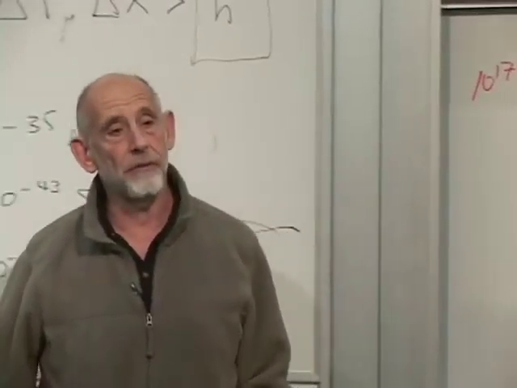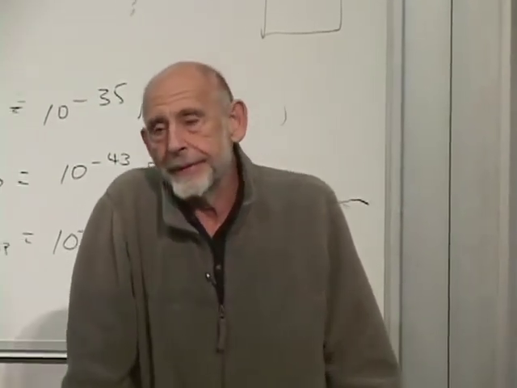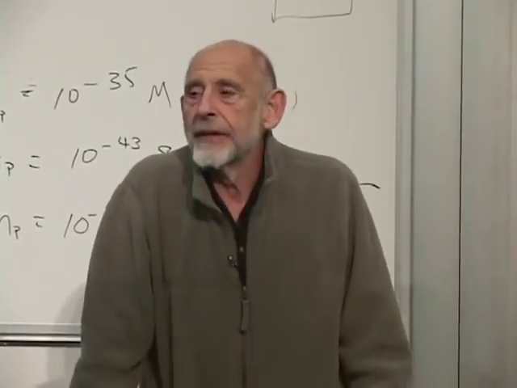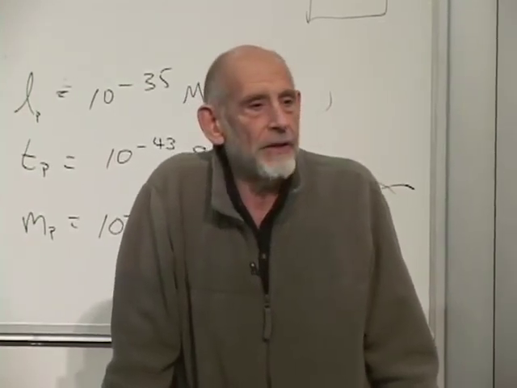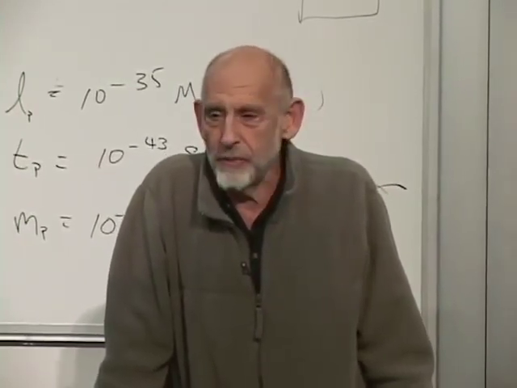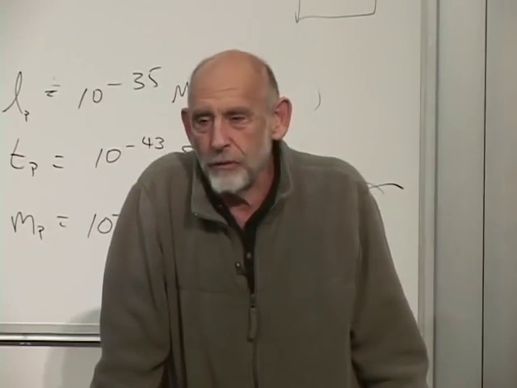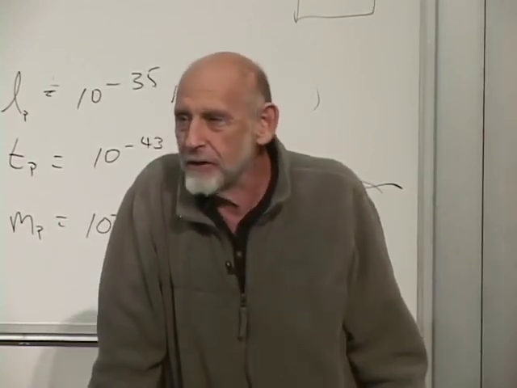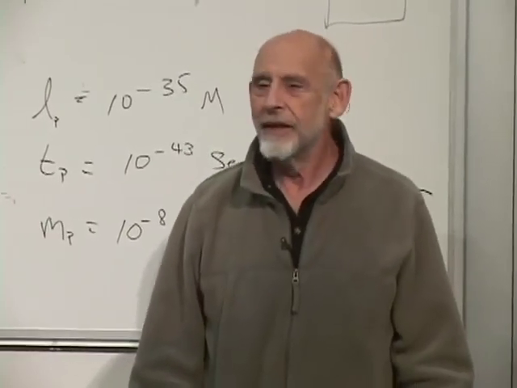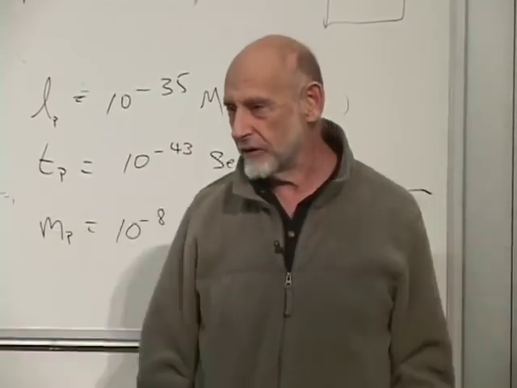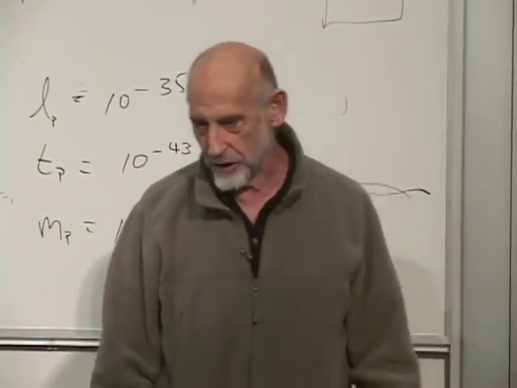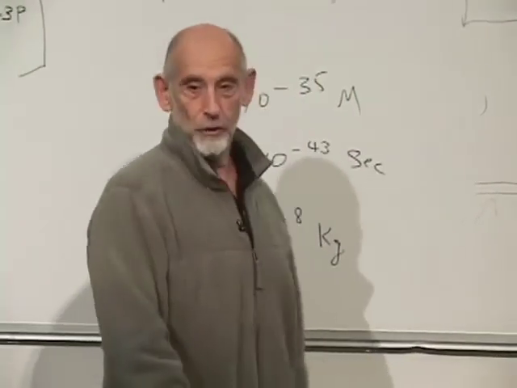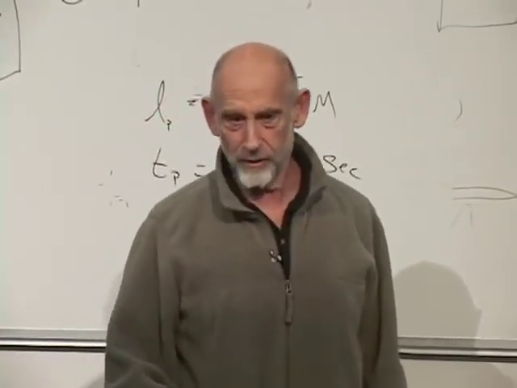How big is 10 to the 17th miles? Oh man. I think 10 to the 13th miles is about a light year. 10 to the 13th kilometers or something like that, if I remember. 10 to the 13th kilometers, 10 to the 17th, 10 to the 4th light years. Galaxy size. Galaxy size to accelerate something up to the Planck mass. We're not going to do it, at least not tomorrow.